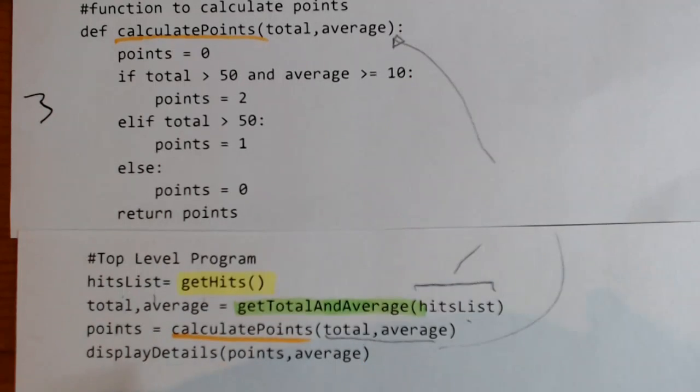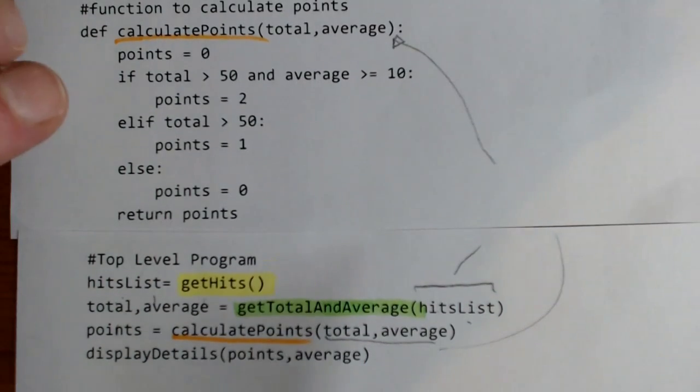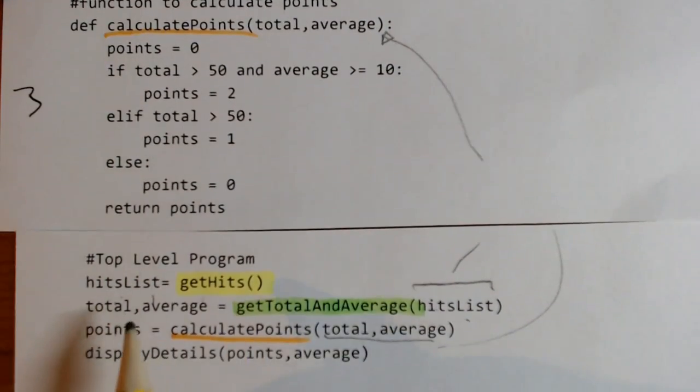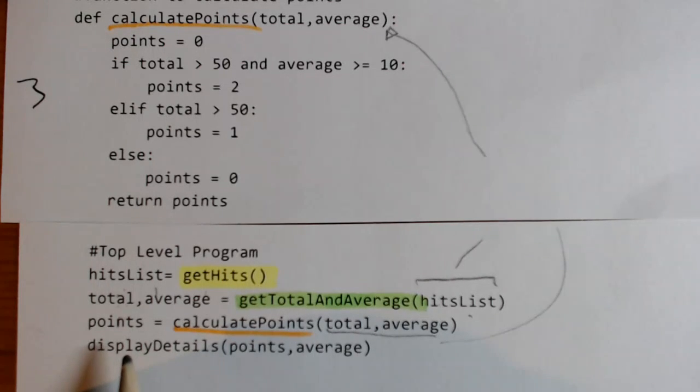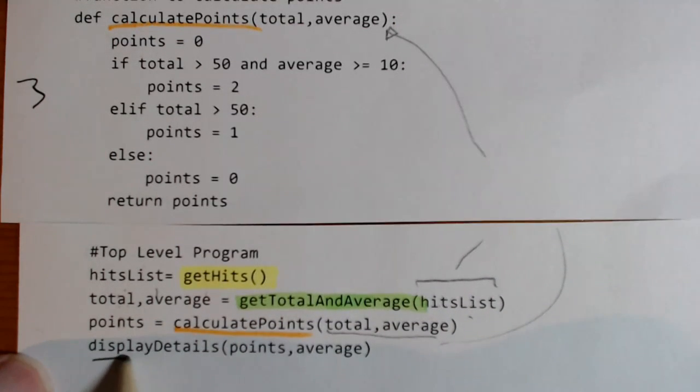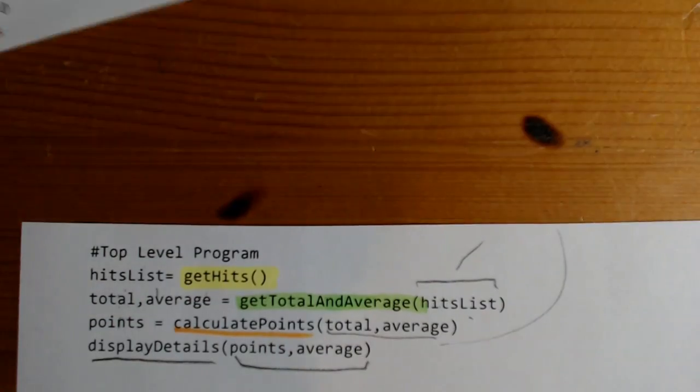The last one is display details. You'll notice that on the left hand side, these are values that are getting written back from the functions to the top level program. Display details doesn't actually need any value sent back. It just needs to display the information, but to display the information it does need points and average.